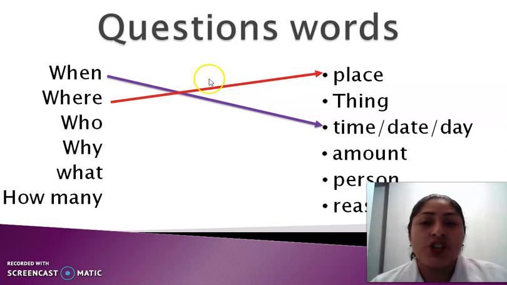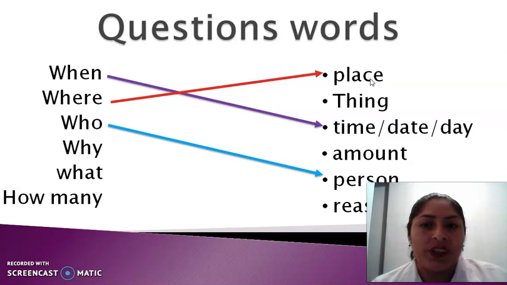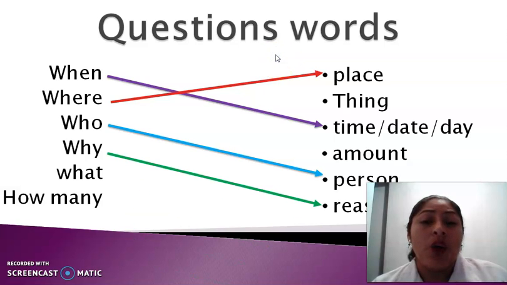Okay, so we continue with where, that is in relation with place. Who, with a person. Okay, when we are going to start our questions with the WH word who, we talk about persons or people. Okay, so continue with why, that it's a reason.